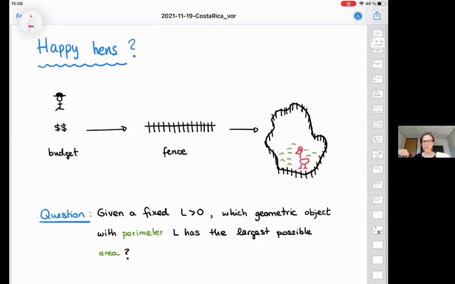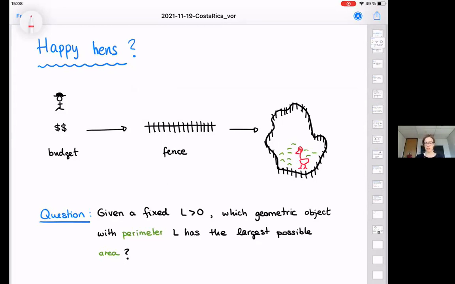And if you really care for your animals, then you would like them to have as much space as possible so that they can play around, right? So the question that you ask yourself is, well, I have this much fence, now I want to build some sort of object and I would like to maximize the area enclosed by this. So this is the question of our farmer.